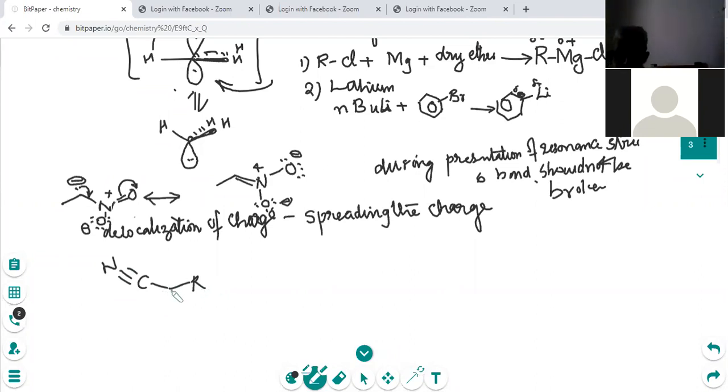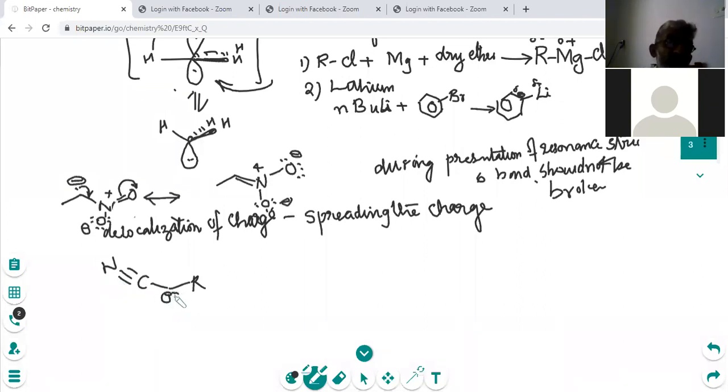This also can generate a good nucleophile because the lone pair of electrons which you are generating from here can be delocalized over to this CN group.